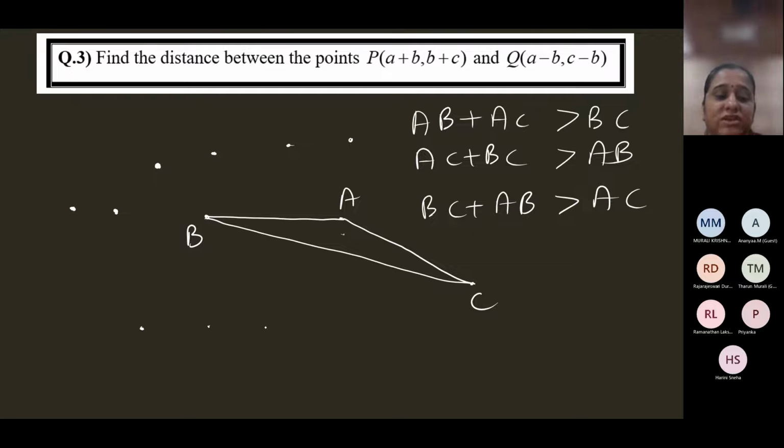So when we have 3 distinct points in a plane, only 2 things are possible. Either the 3 points are collinear, or if they are not collinear, a triangle is formed. Nothing else can happen.